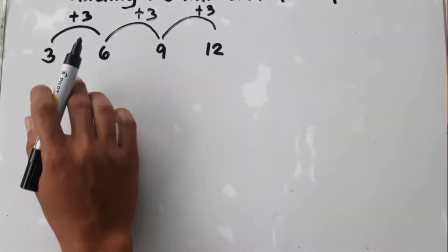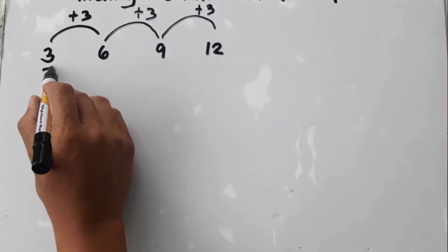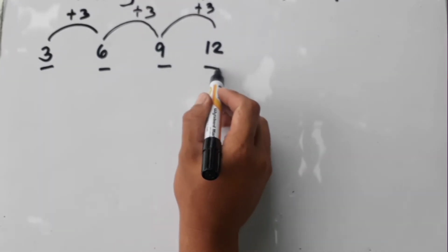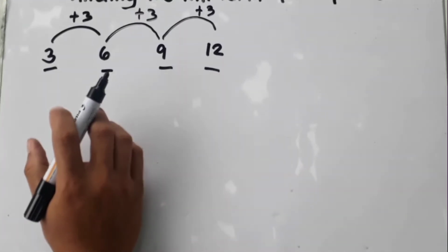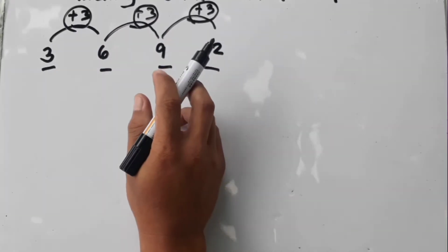And as we have noticed, the value of each term is a multiple of 3, and our pattern is increasing by 3.